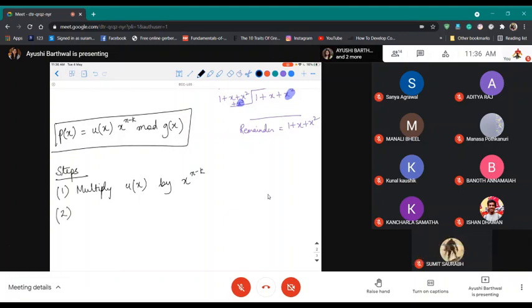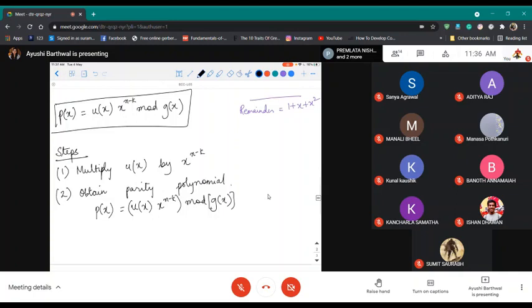The second step is you have to obtain the remainder polynomial, which is your parity polynomial, with the formula that we just obtained, by dividing by g(x) and taking its remainder.